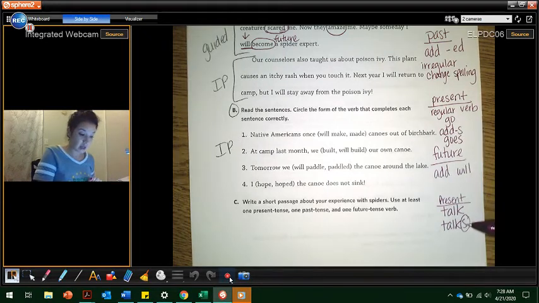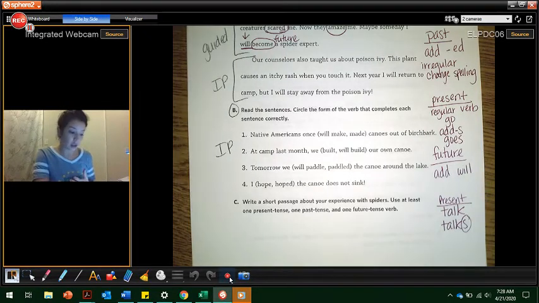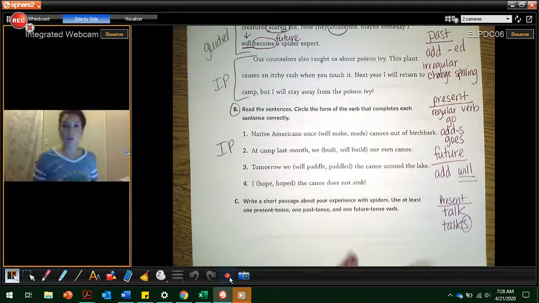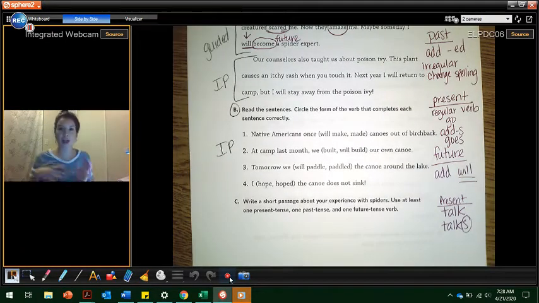Sometimes we have to add an S depending on who the subject is. And in future, we're always going to add this special word, will, because that shows it's going to happen in the future. I will run a lap tomorrow morning. I will finish my homework by 10 o'clock tonight. So you are giving these key parts or endings or addings to the verb to show the tense. That's how our verbs change when we're writing, depending on what we're trying to say.